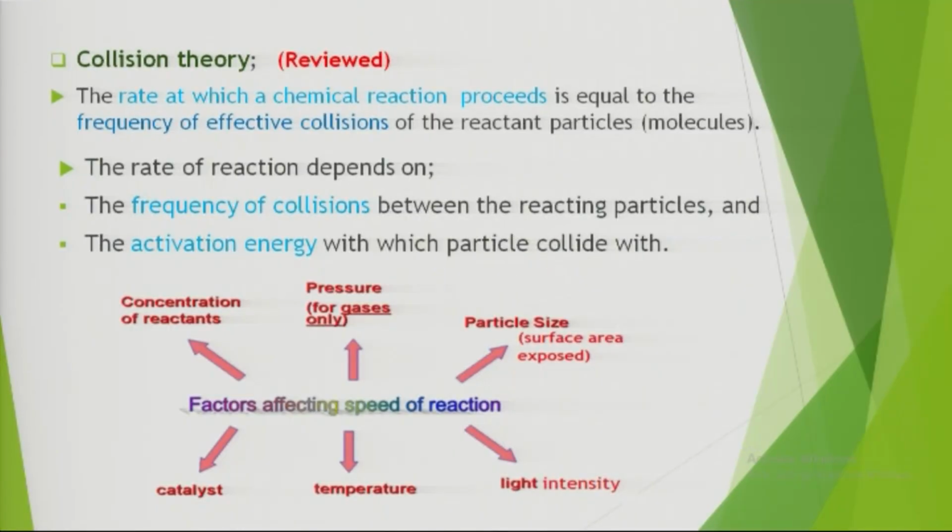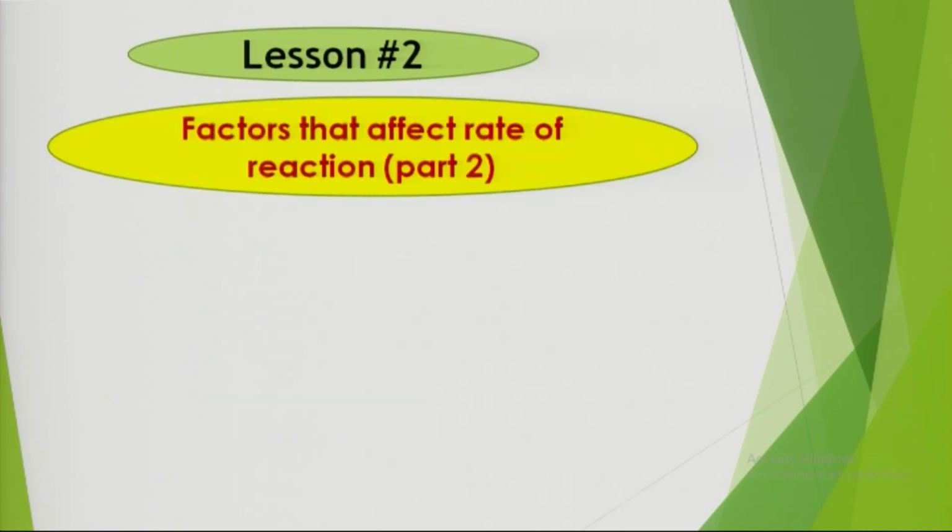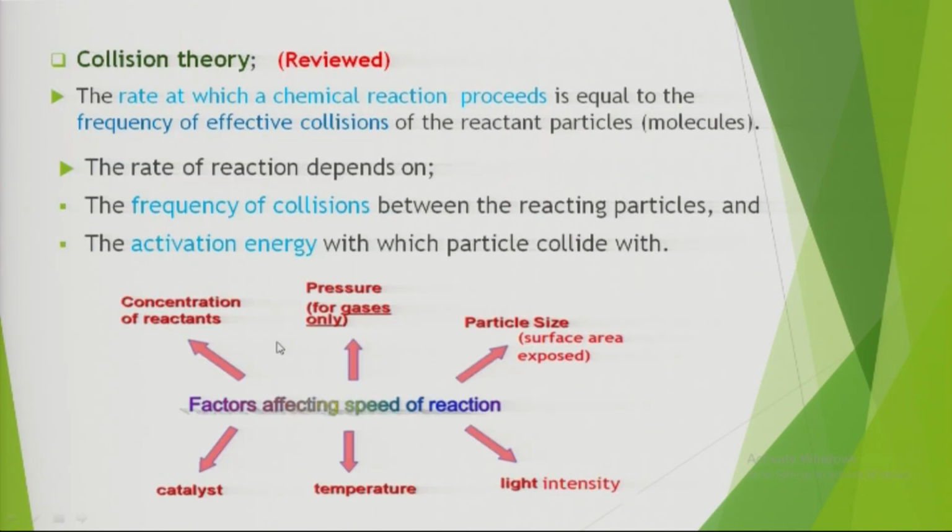We concluded the lesson by looking at those factors which we said: concentration of reactants, pressure for the case of gases, the surface area exposed for a reaction to occur, and the rest of these factors, as you can see.